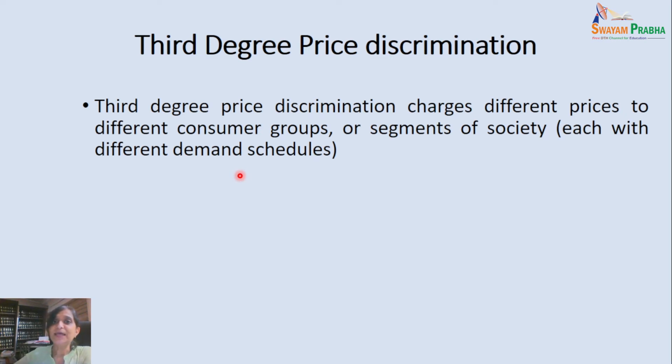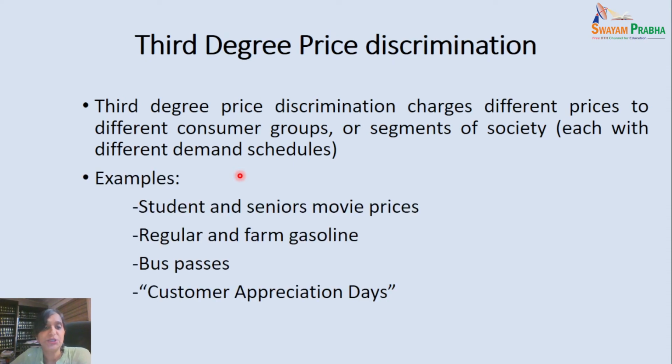So for example, I'm selling in market 1 and market 2. Market 1 has a different elasticity of demand compared to market 2. So I separate these markets and then charge different prices in both the markets. That is called third degree price discrimination.